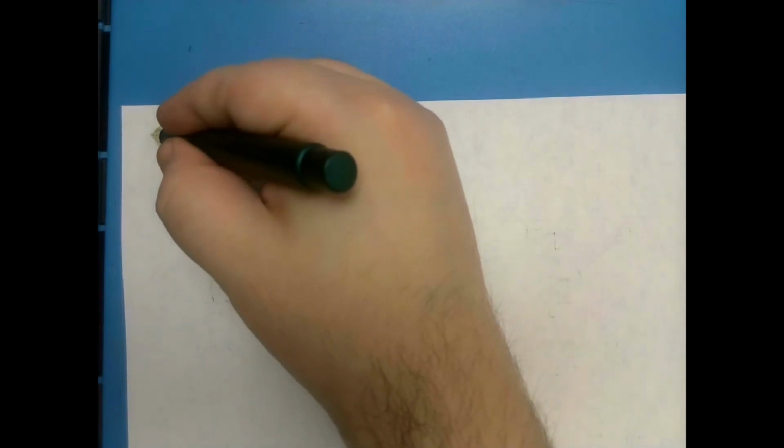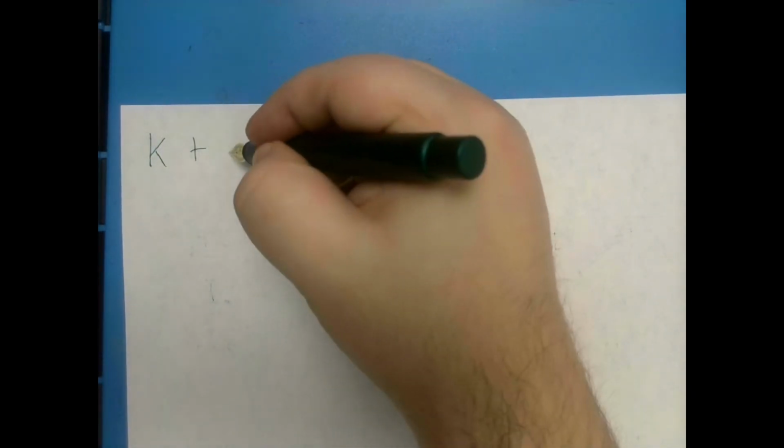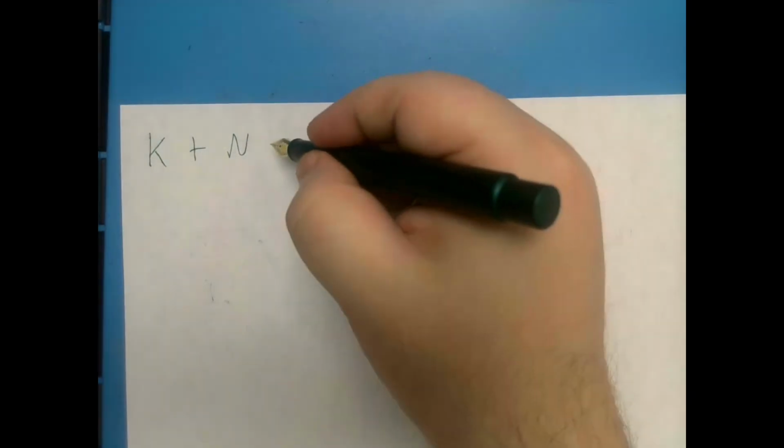So let's do potassium with nitrogen. Potassium is +1 and nitrogen is -3.